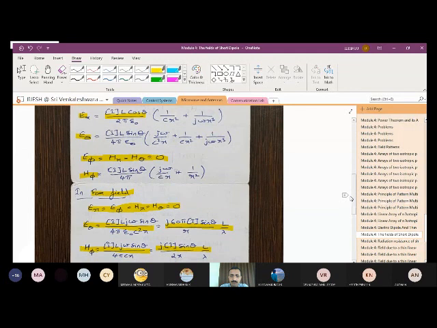Okay. So you can make a note of all these things. These are the fields for a short electric dipole, and you also have to remember that for far field, the components E R, E phi, H R, and H theta are to be taken as 0.